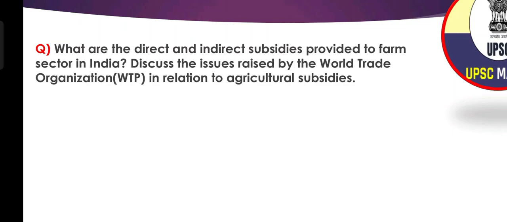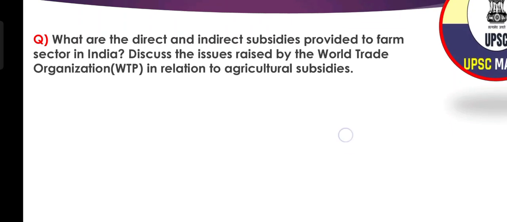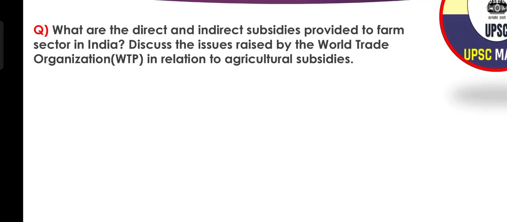And you can also watch our UPSC mains analysis question paper video that we have uploaded on our YouTube channel, and also you can get a very good idea about what UPSC is demanding and which type of questions they are asking, okay.